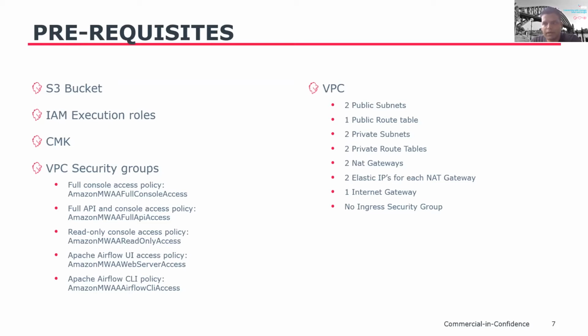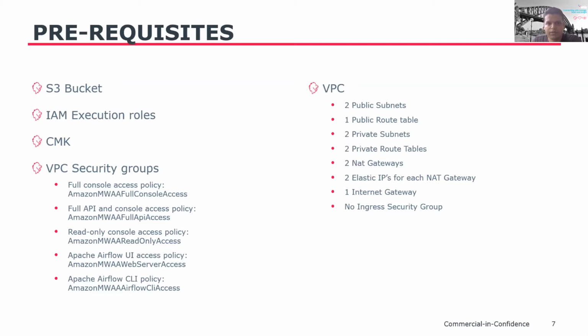A CMK, which is the customer master key, is used for data encryption of your environment. You can choose the default option again to create the AWS-owned CMK when you create an environment, or specify an existing customer key with the permissions to the AWS services used by the environment configuration.